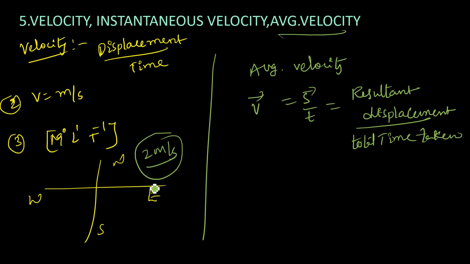At that particular instant, what is the velocity of the body? That is called instantaneous velocity. Then average velocity means the resultant displacement by total time taken. That is called average velocity. So clear? I hope you got it.